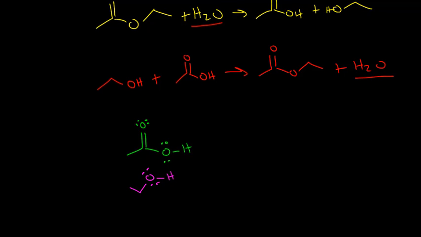What you'll notice is that I've very intentionally lined up a partially negative atom with a partially positive atom. So this oxygen right here, the partially negative oxygen, is a nucleophile, and our partially positive carbon is a good electrophile. So in this process, we know that we want to break this bond right here, and we want to form this bond right here.